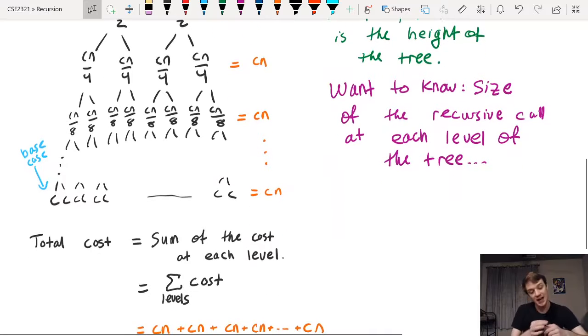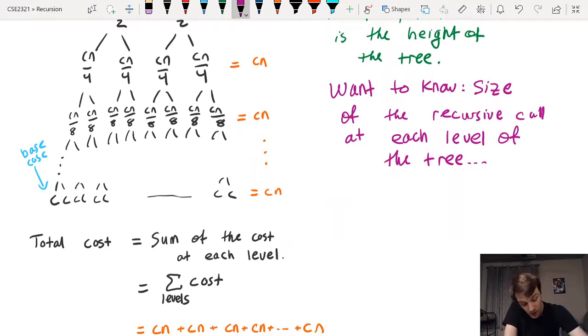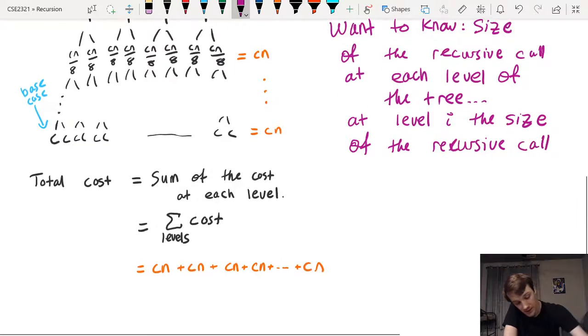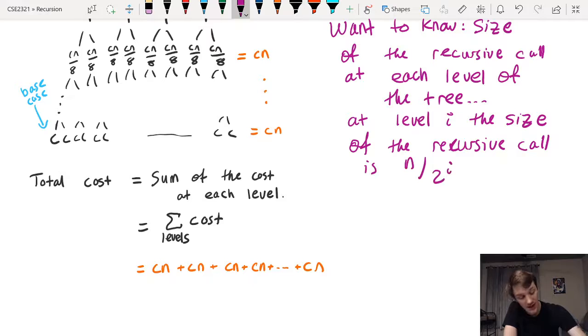The size of the recursive call at level i is n over 2 to the i.